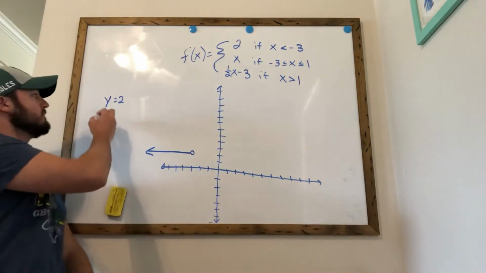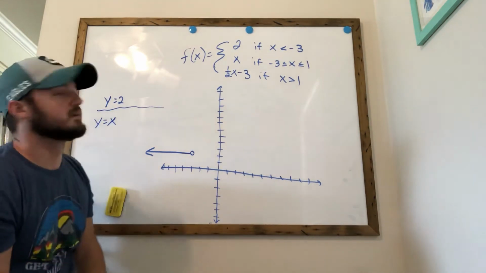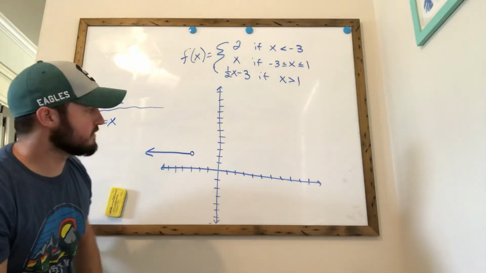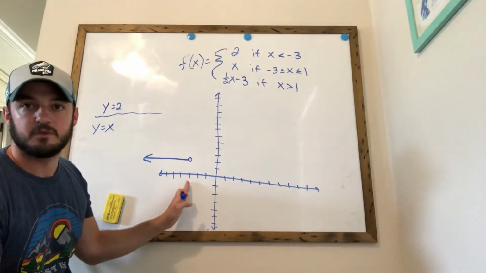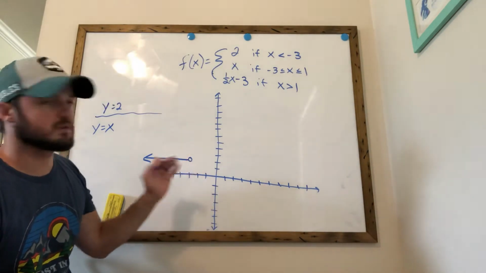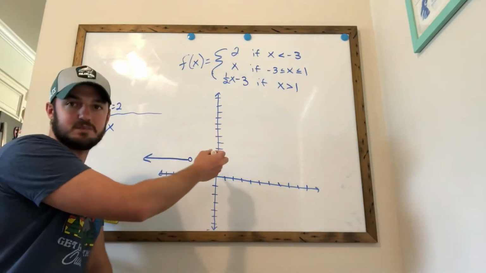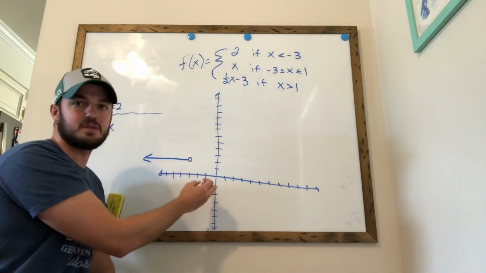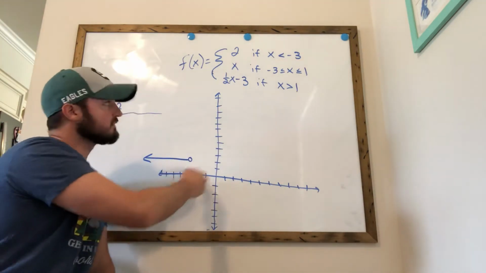Now you go to the middle one. That's y equals x, okay? Now this graph doesn't start until -3. There are a lot of different ways people do this. Some people like to just plot it like a regular y equals mx plus b, plotting the intercept and then using the slope, just making sure you don't go past -3 or 1.